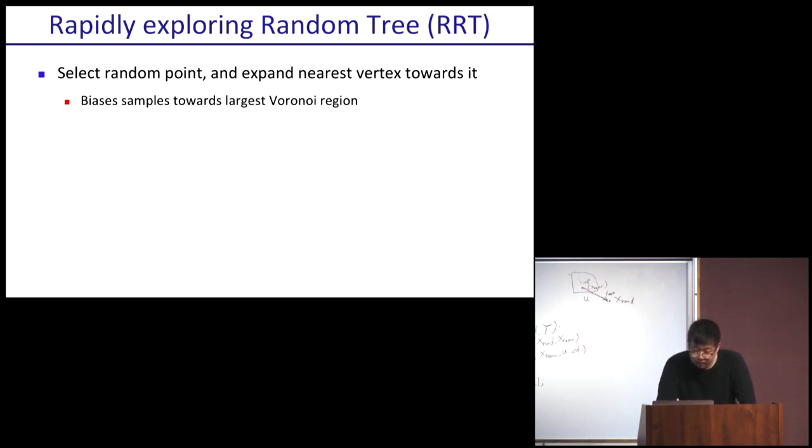When you select a random point and expand the nearest vertex towards it, you can always bias samples toward the largest Voronoi region. And Voronoi region is some algorithm that computes the area for shortest distance, I think. I'm not 100% sure about this, so maybe you need to check it online.